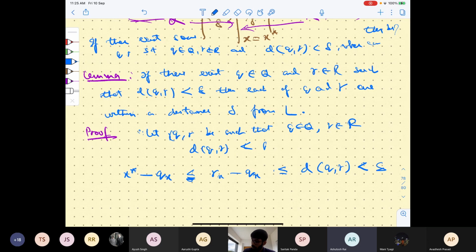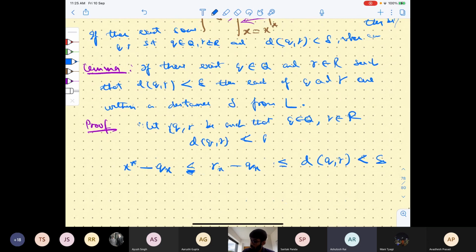So why this inequality? Because R is to the right of X star, so Rx is of course greater than X star. And Rx minus Qx is just the x coordinate difference between Rx and Qx. The distance is always going to be at least the difference between x coordinates, and d of QR by your assumption is at most delta.